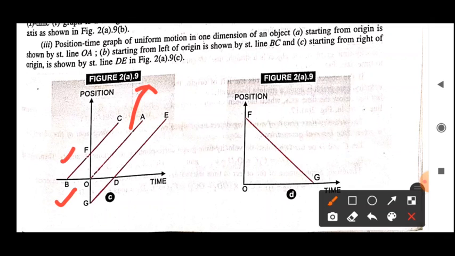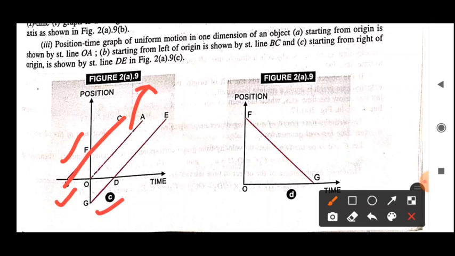The second one, BC, represents that the object started its motion some time before, so its position starts to change at a faster rate with respect to time.